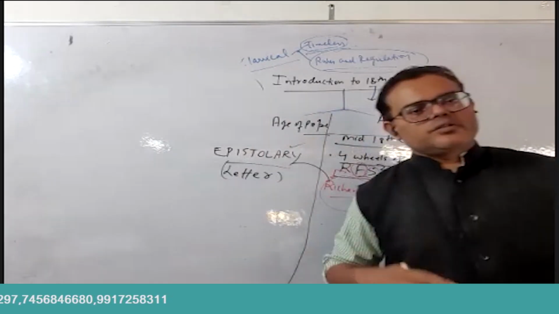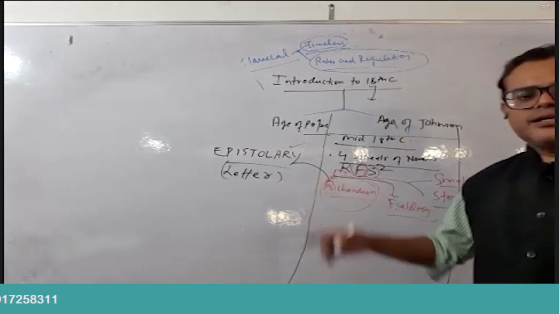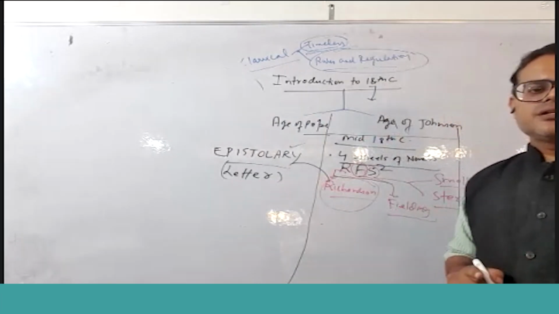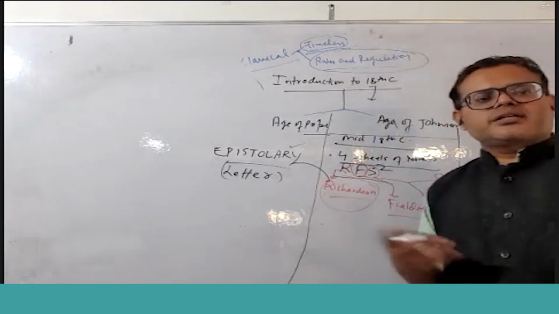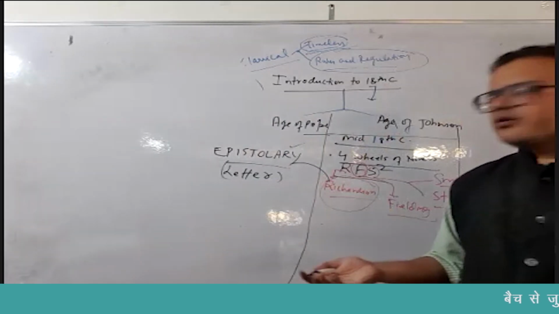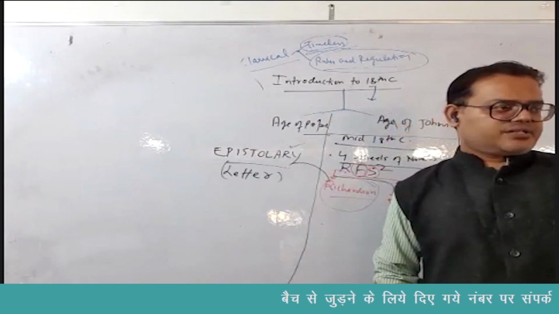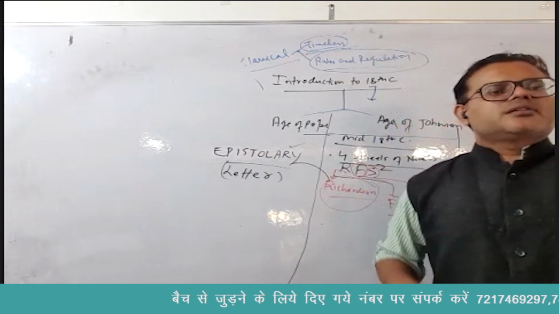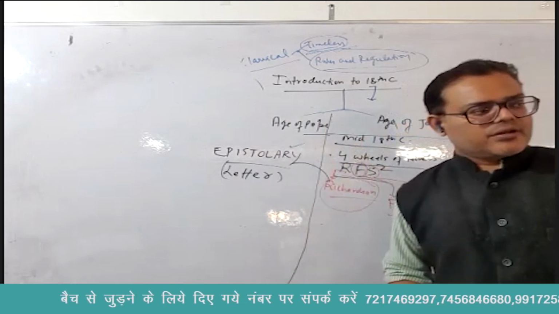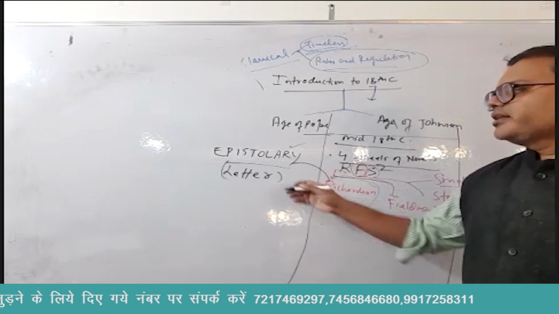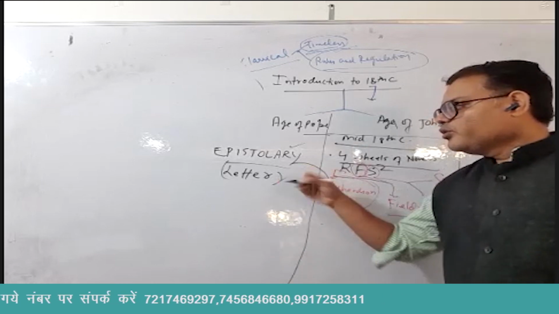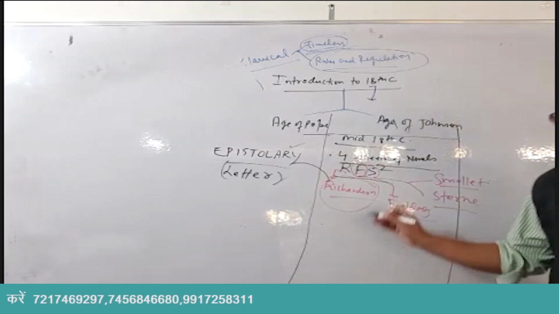So they may ask you questions in any way possible. They may say, tell us the form of a novel in which letters are exchanged between the characters. They may ask you what is the meaning of epistolary. They may ask you who is the father of the epistolary novel.